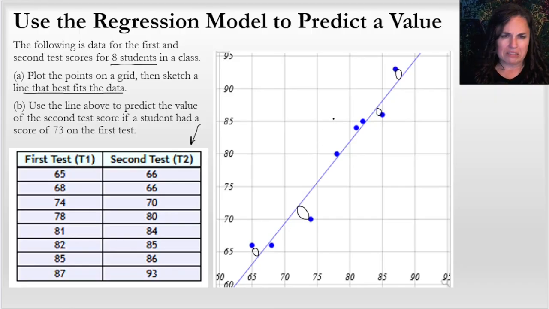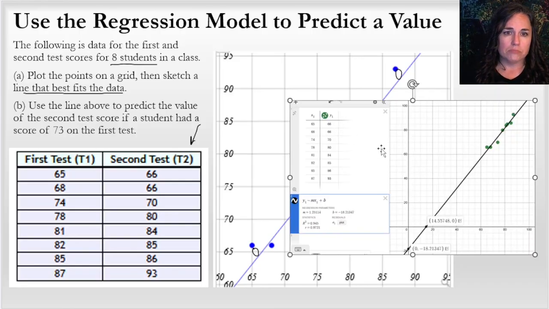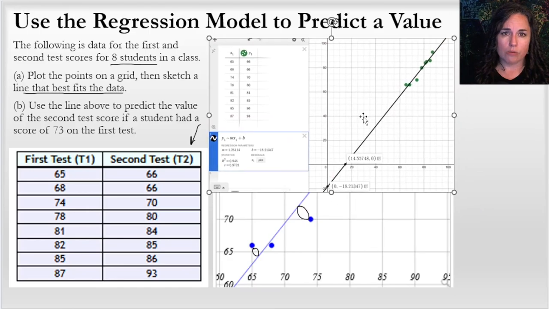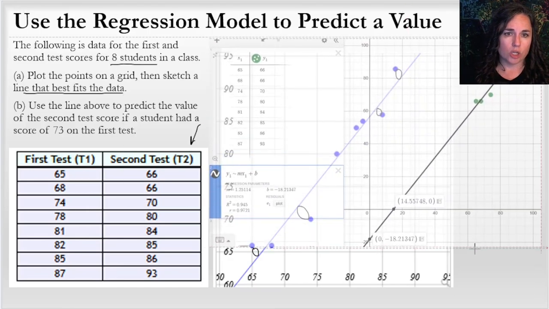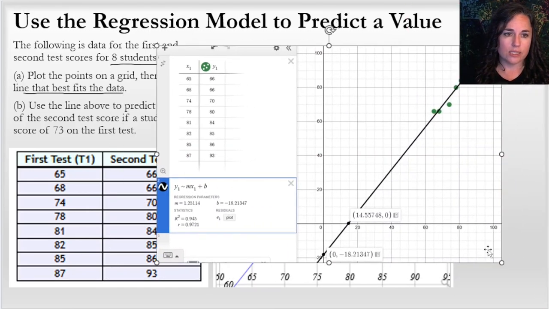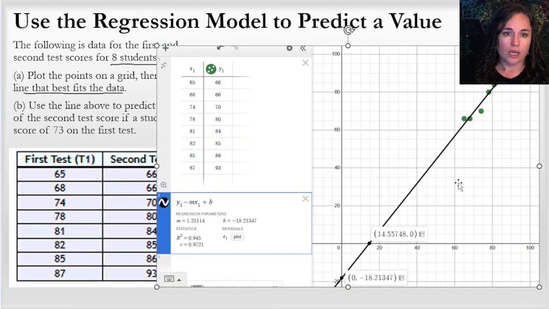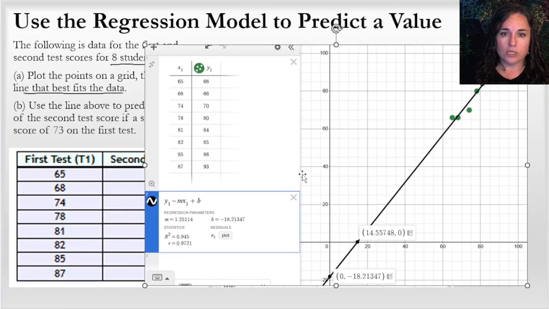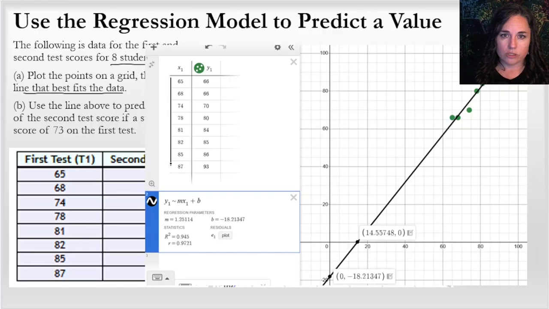I went through and I plugged this into Desmos. You can see that's the output from Desmos. I'm going to enlarge this so you can see the output here. And there's the equation of the line. I put in all of the first test scores, and then I put in all the second test scores. I told it my model, y goes as mx plus b, and it output for me.